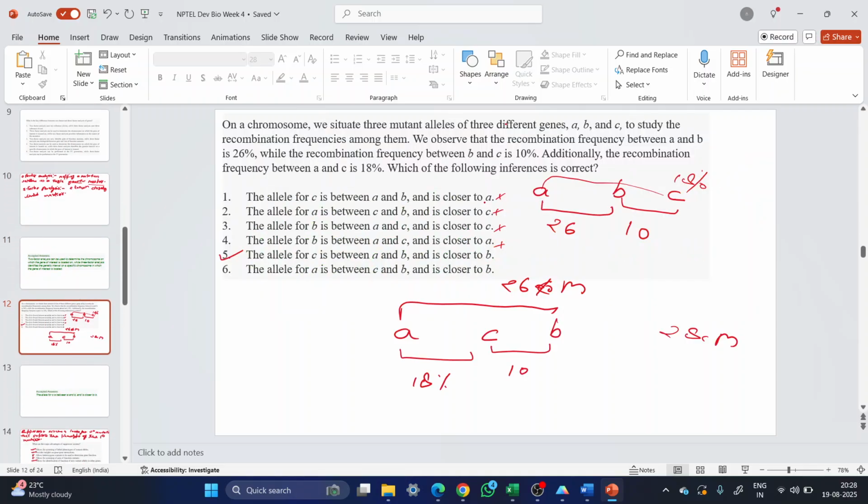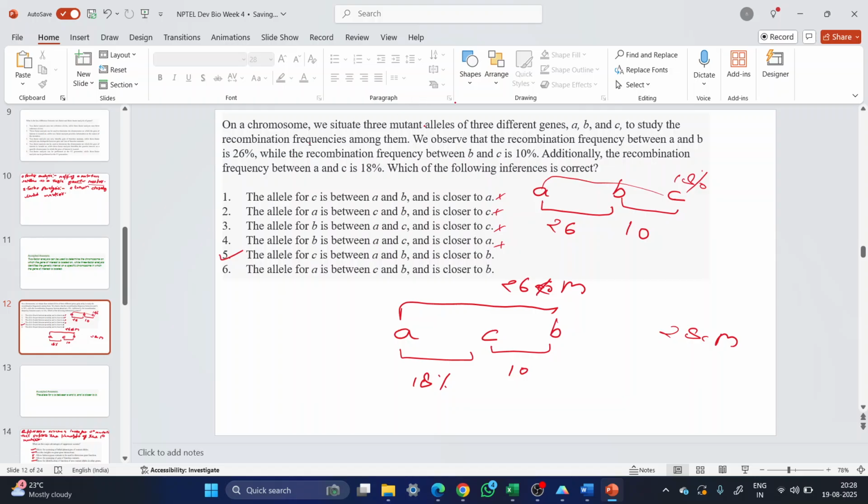Then we dealt with how to solve these kinds of 3-point questions. Remember, recombination frequency is actually the genetic distance between two genes, expressed in centimorgans.